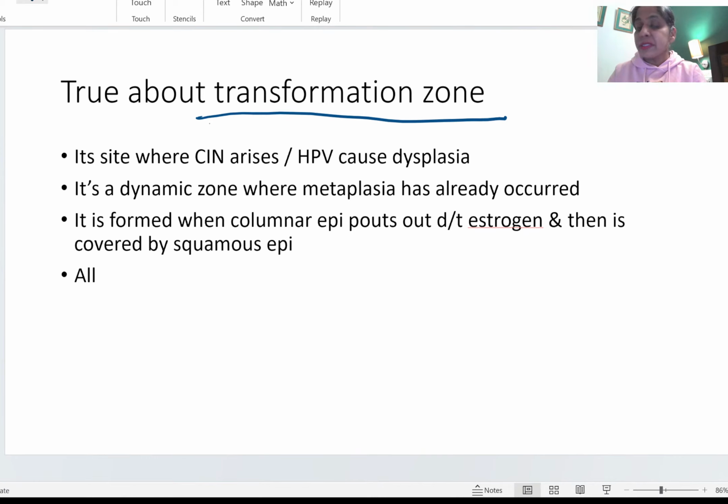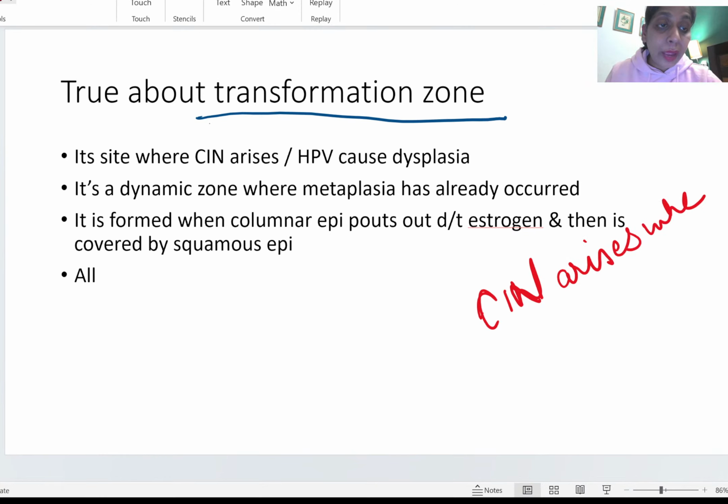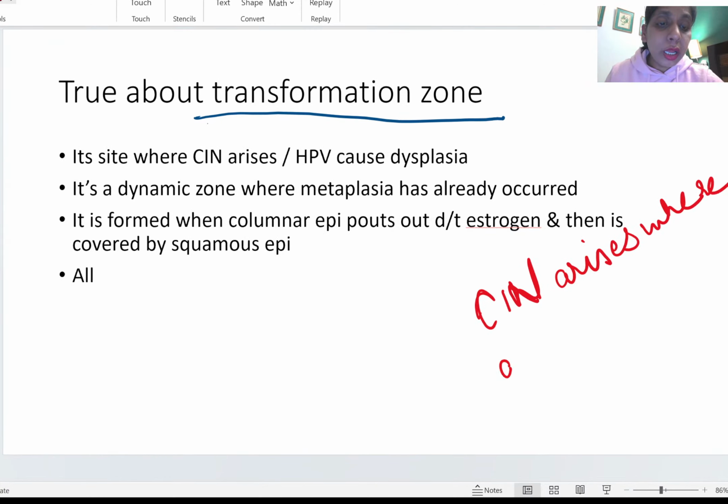It is a site where CIN arises, yes. So if the question comes in the exam, CIN arises where? Squamocolumnar junction or transformation zone?